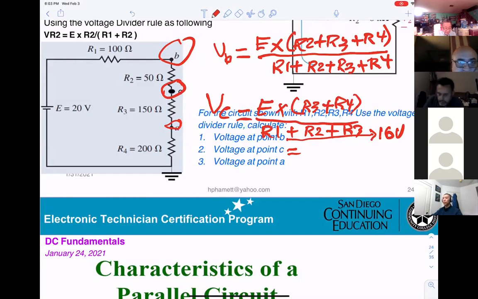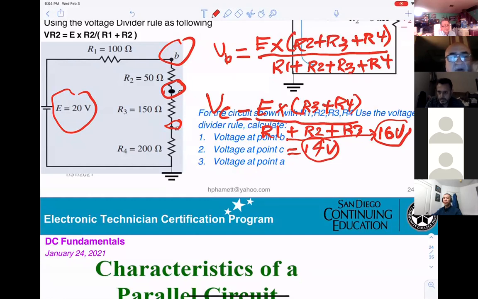Okay, 14. The total voltage is only 20 volt. If you say 16 volt, and you add 14, you get more than 20. Cannot. 14 at C? You say 14? Wrong. This is 16, this is 14. You add up, you are higher than 20 volt. Cannot. Something must be wrong, either one. Okay.